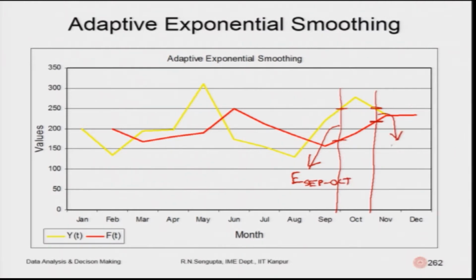This would be the error for October. Similarly, if I take month of April, so this would be the error of March to April. You are basically squaring them and basically trying to find out the sum of these errors and minimize.